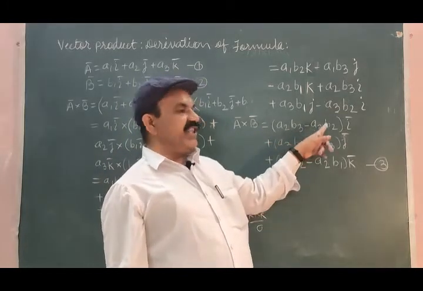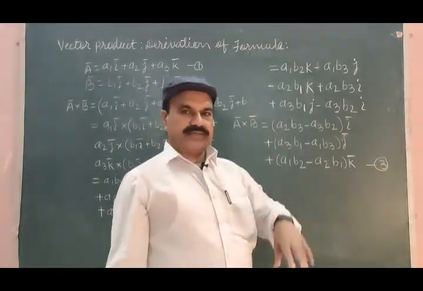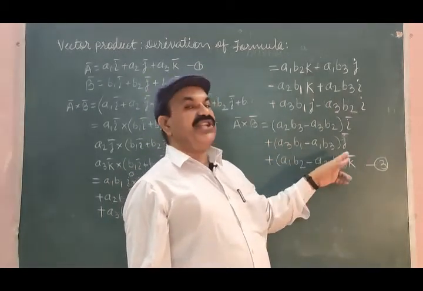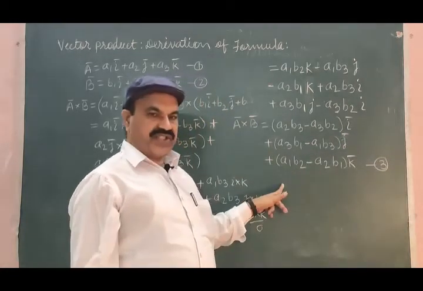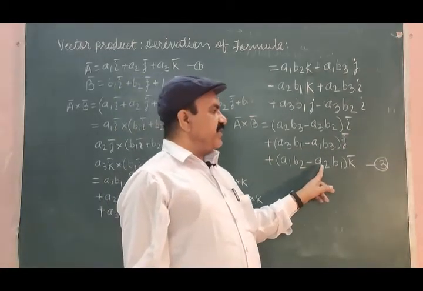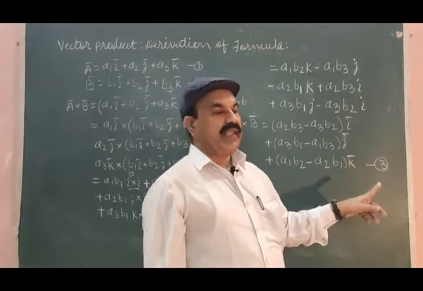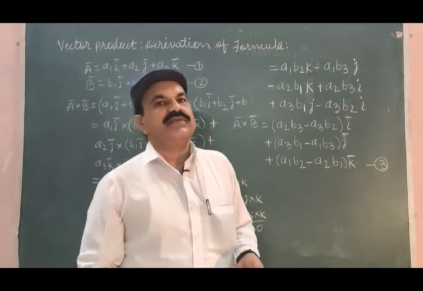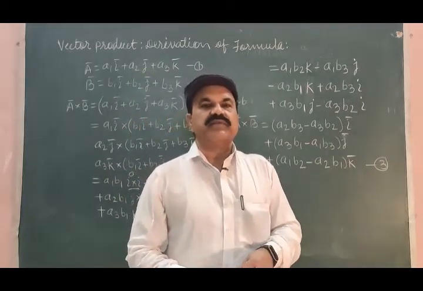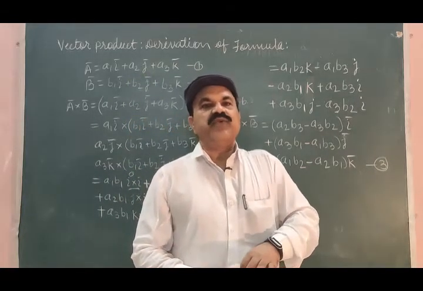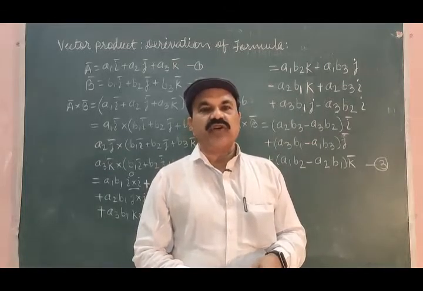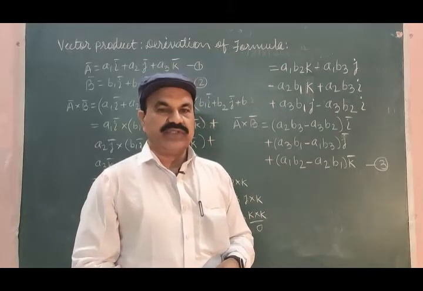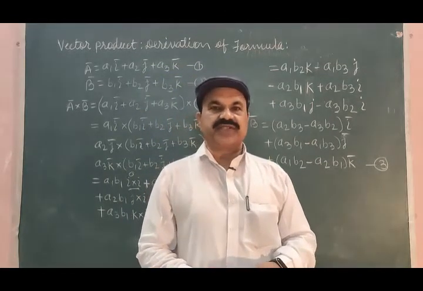(A2b3 minus A3b2) into I plus (A3b1 minus A1b3) j plus (A1b2 minus A2b1) k. If you remember this formula, you may not need to remember the 9 rules for cross product or vector product in terms of the unit vectors.